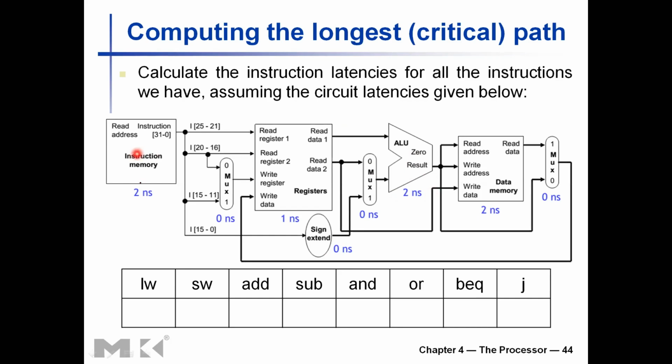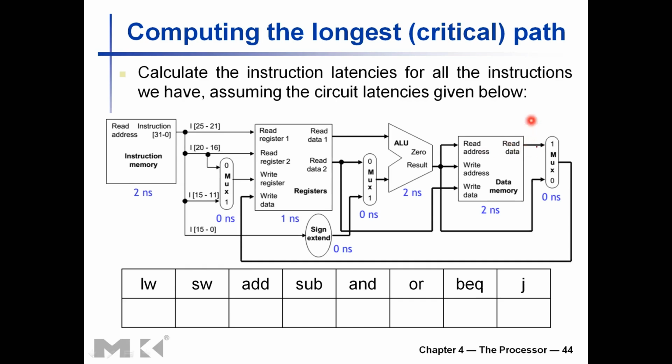So 2 here, 3 by the time the registers are read, and 5 nanoseconds by the time the ALU operation is completed to compute the read address, which is sent to the data memory. The data memory will consume 2 more nanoseconds to produce the result read from that address.